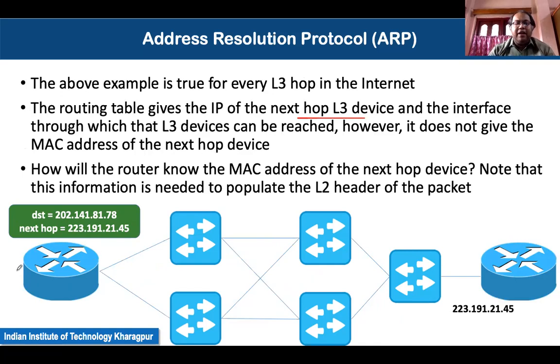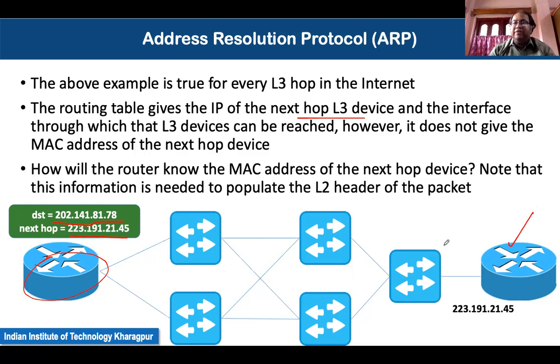So whenever a packet reaches this particular router, the destination IP in the packet is 202.141.821.78, and the router makes a route lookup in its CIDR routing table and finds out that my next hop is 223.191.21.45, which is this router. Now, although in layer 3 they are directly connected, that means they are connected over a layer 3 link, in physical terms there can be multiple L2 devices.